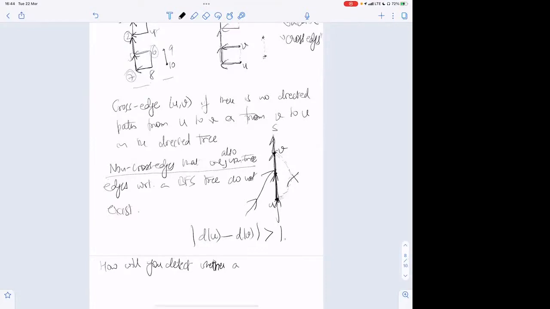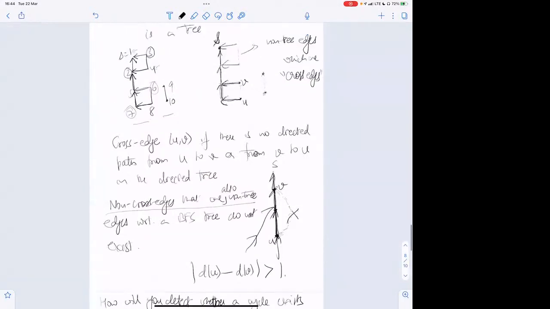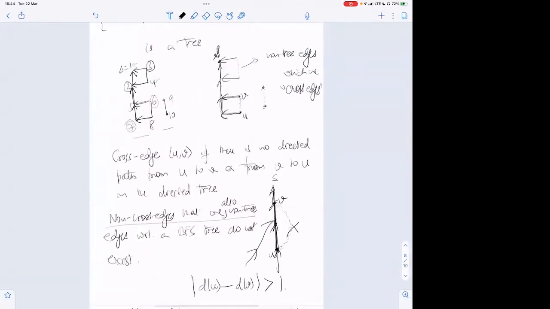So it has at least n edges. Okay, that's another way of doing it. But the most direct way, and if you were to find a cycle, how would you find such a cycle? Just do BFS and look at a non-tree edge.